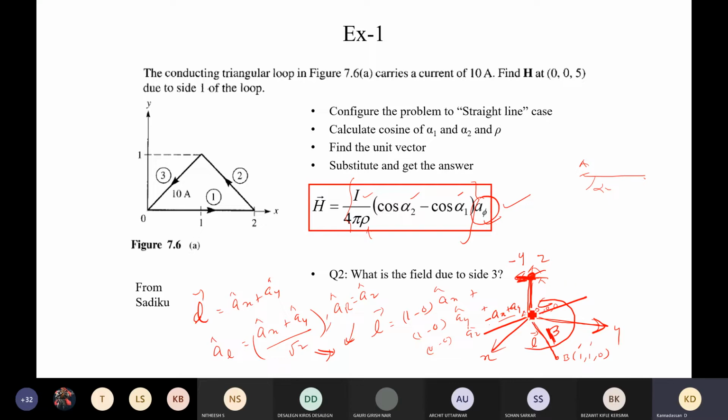So you have two options. The first option is minus ax plus ay by root 2. Another one is ax minus ay vector divided by root 2.